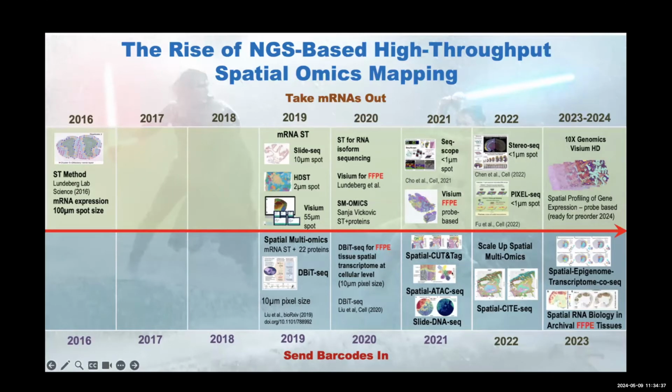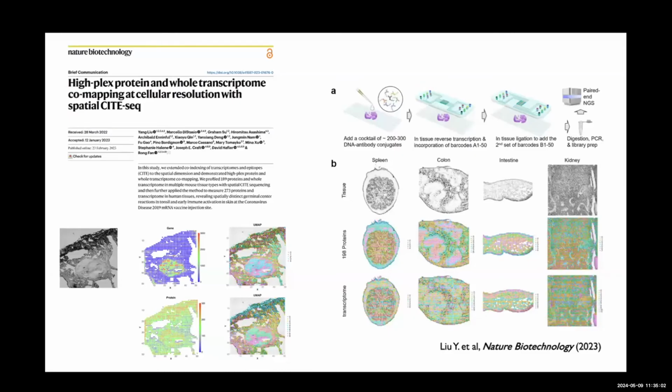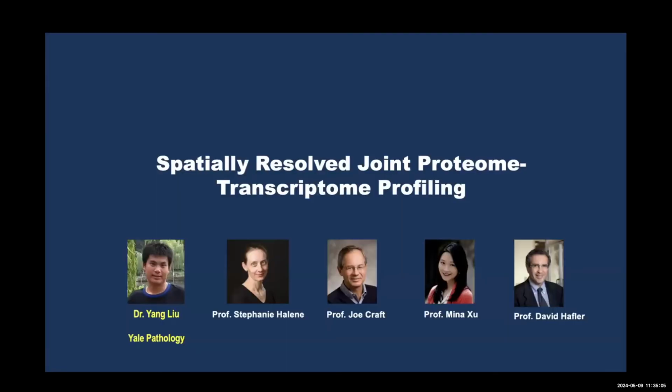Later, other approaches, including Slide-seq, also use this in-tissue barcoding rather than just capturing over the surface of the beads. So it seems extremely versatile, and it does represent a whole new direction in the field of spatial omics. When we published that paper showing the whole transcriptome plus a panel of proteins, we only profiled a panel of about 32 proteins.